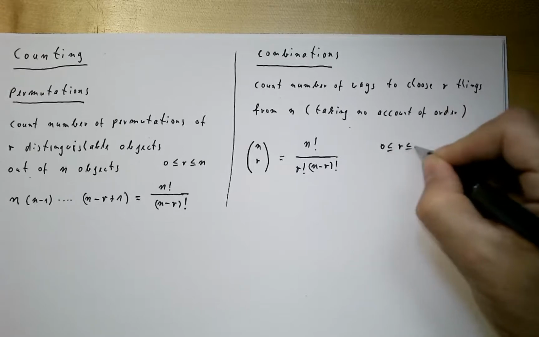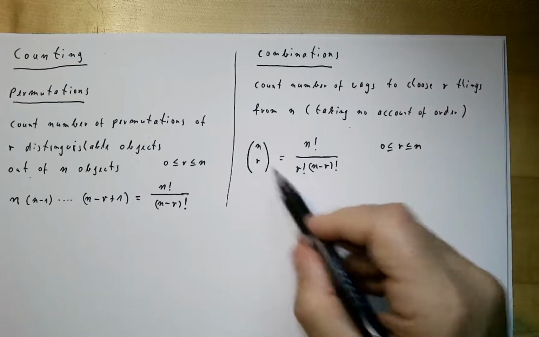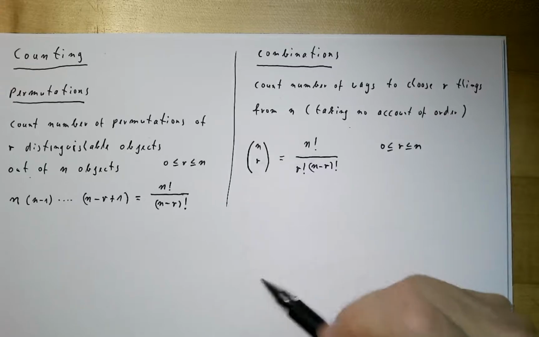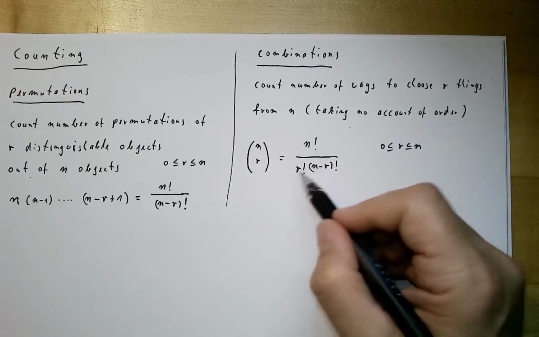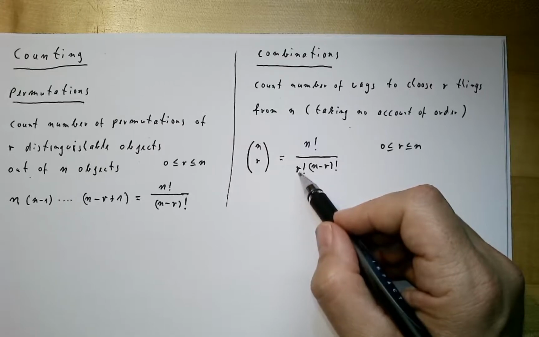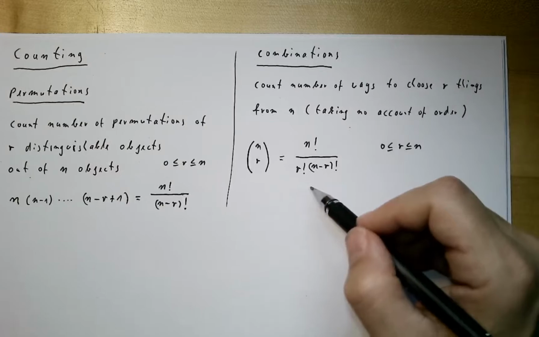Again, r smaller than n. You could also say that's the definition for the binomial coefficient, but maybe this reasoning was a bit too short, too fast for you, that we divide here by r factorial.